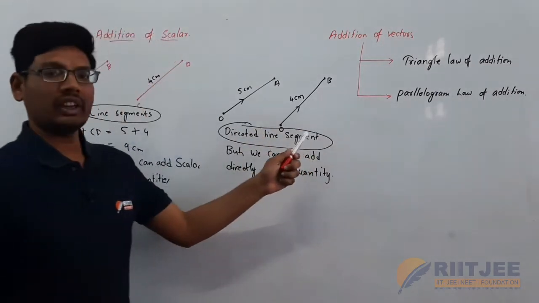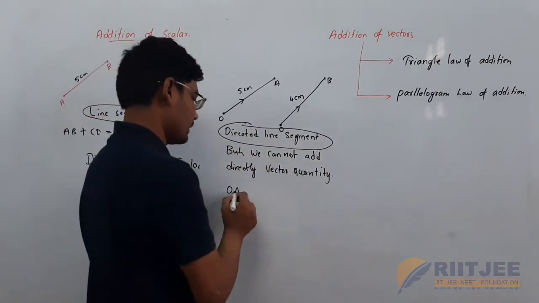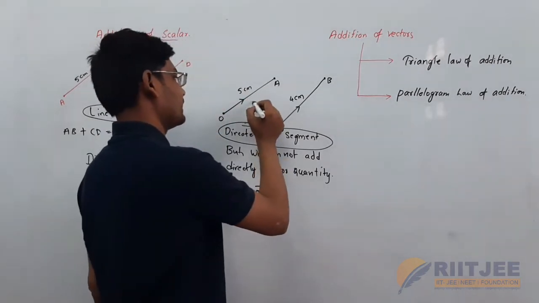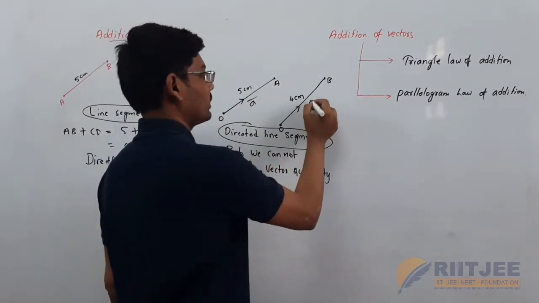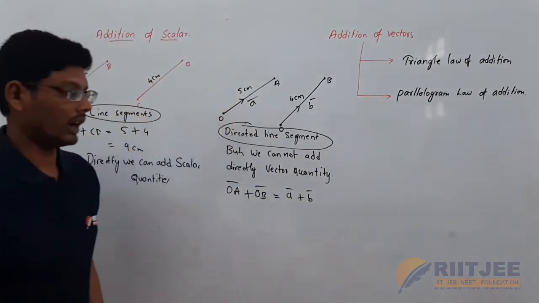So that's why we cannot add these two vectors directly: OA bar plus OB bar, where this length is A bar and next B bar, so that is A bar plus B bar. Like that you have to add here.